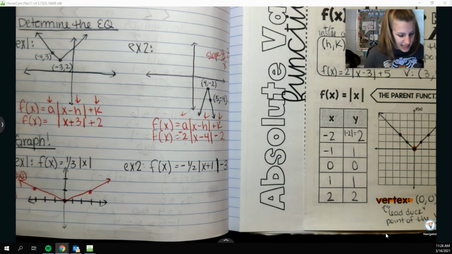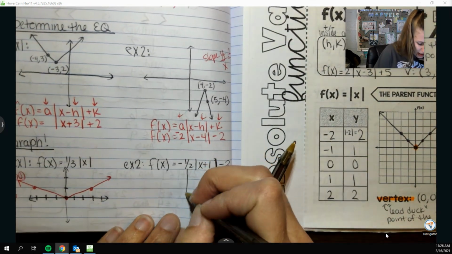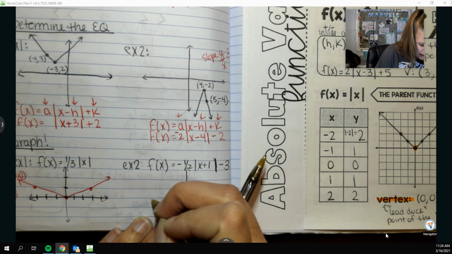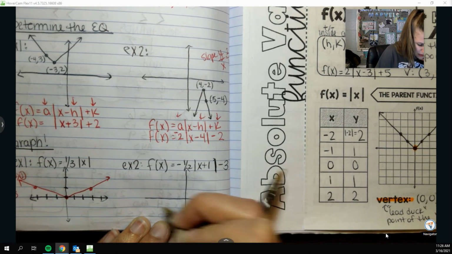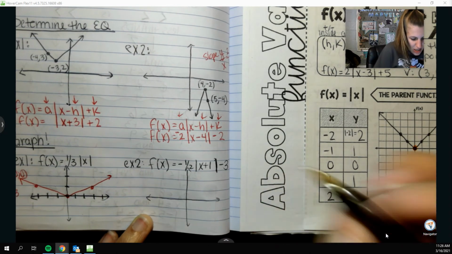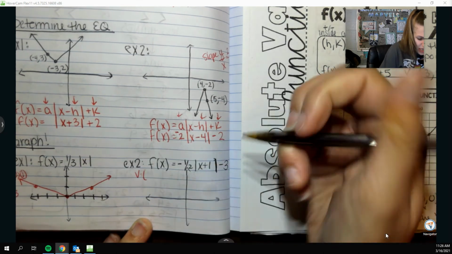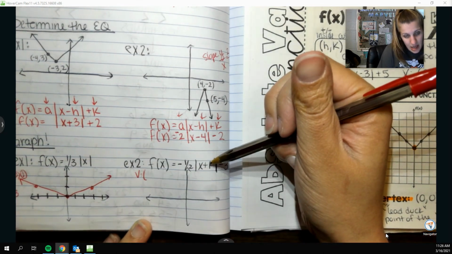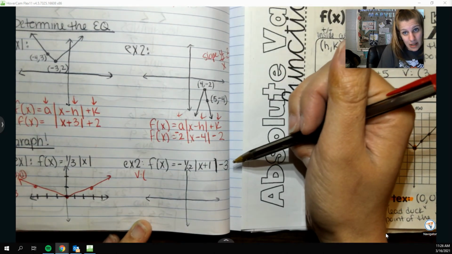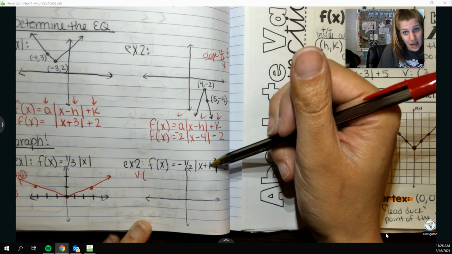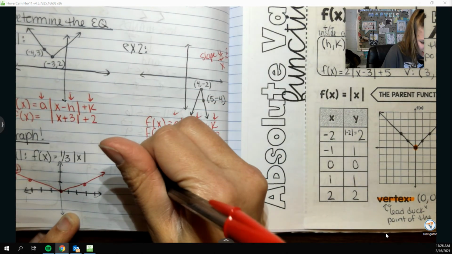All right, on to this next one here. Again, I'll get a little graph going. First I think about my vertex. My vertex is the number inside, comma the number outside. So -1, comma -3.